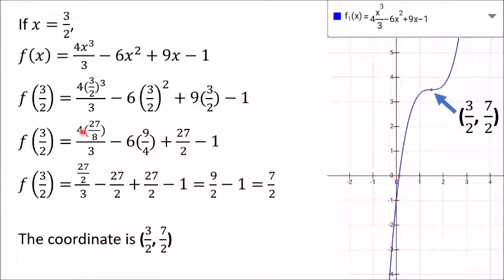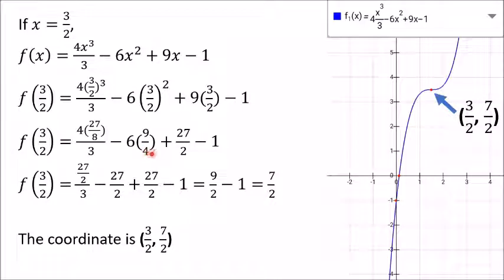So, in simplifying this, itong ating first term, 4 and 8 here, pwede yung i-cancel na lang yung 4 kasi you can divide 4 here, so magiging 1 na lang yung 4, ito magiging 2. So, magiging 27 over 2 na lang to. Here, 27 over 2. Then, ito, ganun din, we can cancel this 6 and 4 kasi pwede ma-divide ng 2. 6 divide 2 is 3. 4 divide 2 is 2.